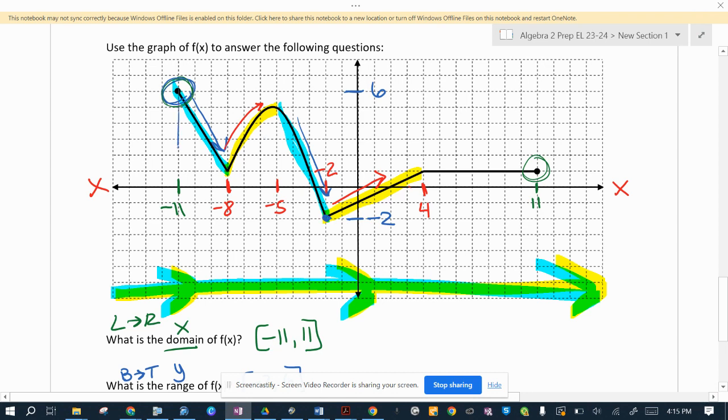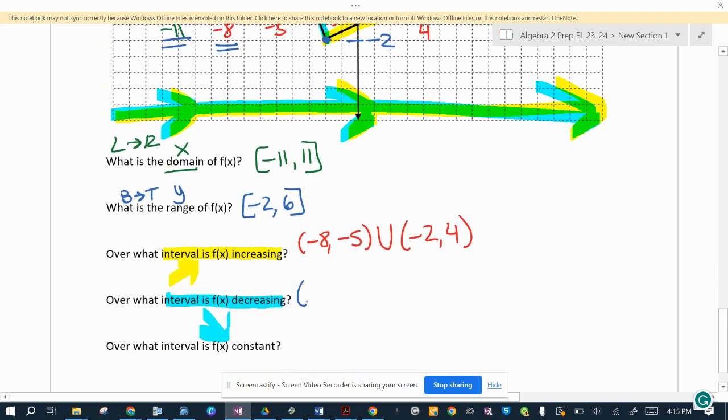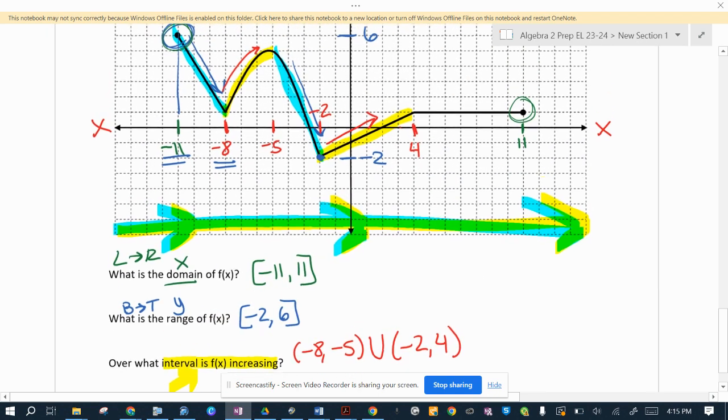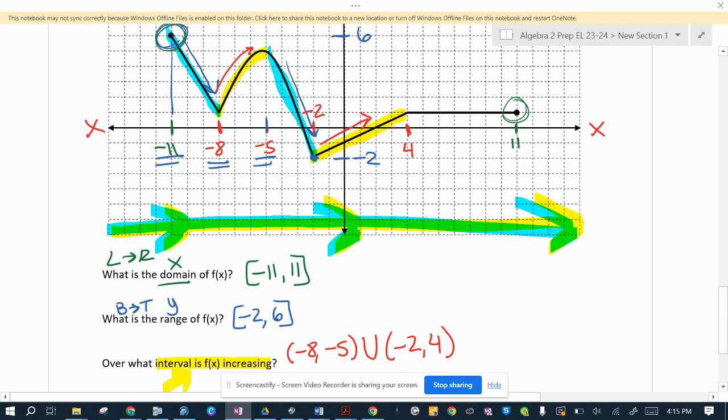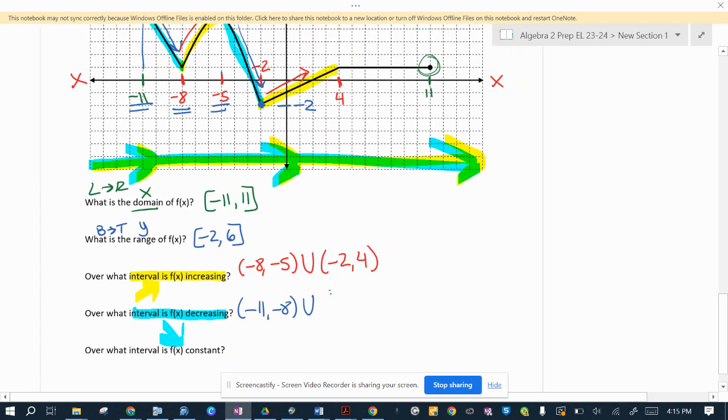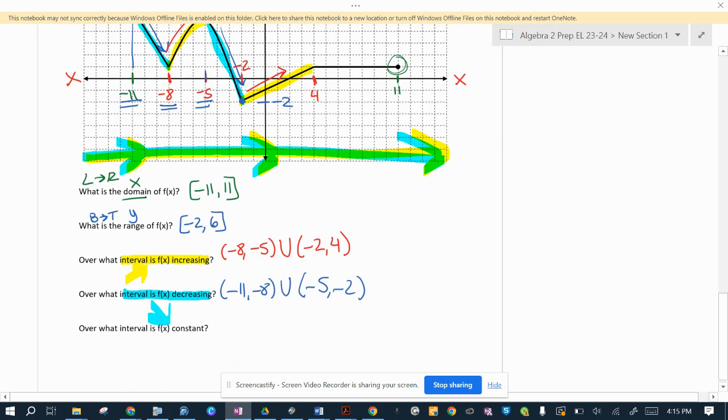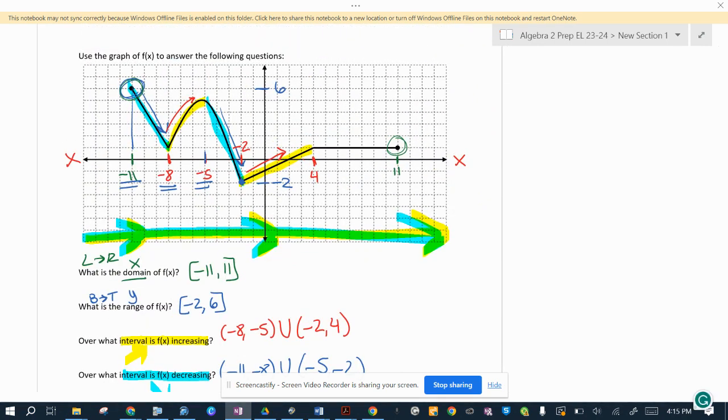It's decreasing from -11 to -8. And then there's a second section, so we're going to put a union. And then it's decreasing from -5 here to -2. Okay, so decrease, increase, decrease, increase.